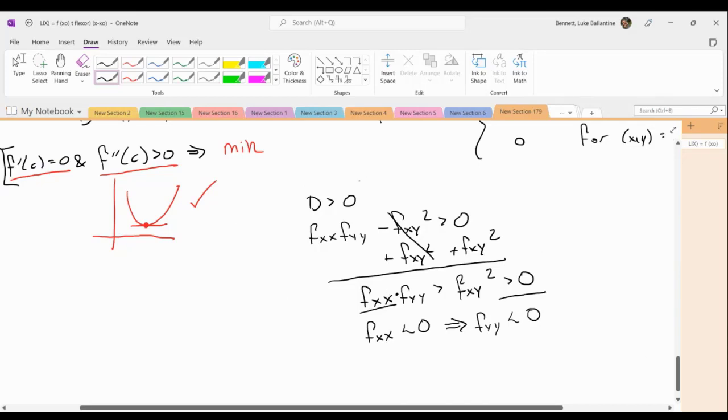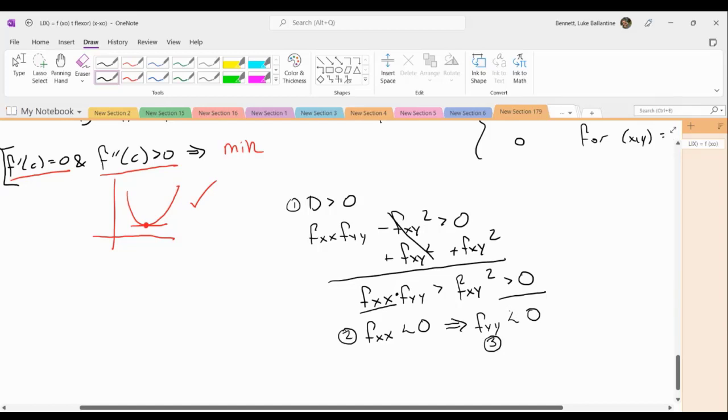So if D is greater than 0 and fxx is less than 0, then we have that fyy is less than 0.